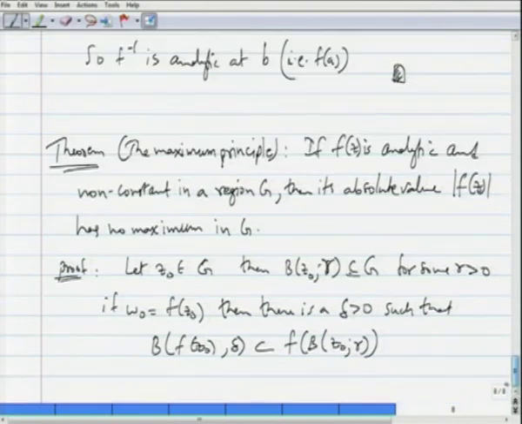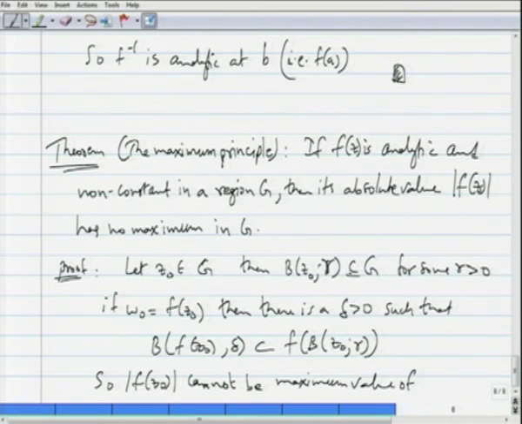So, modulus of f of z naught clearly cannot be the maximum value of modulus of f of z.